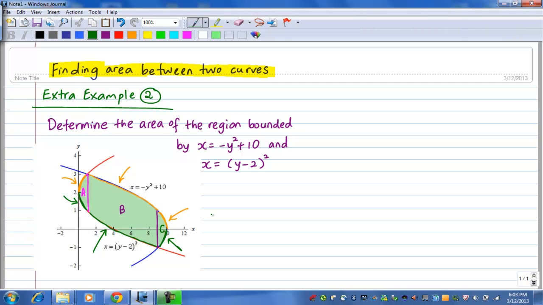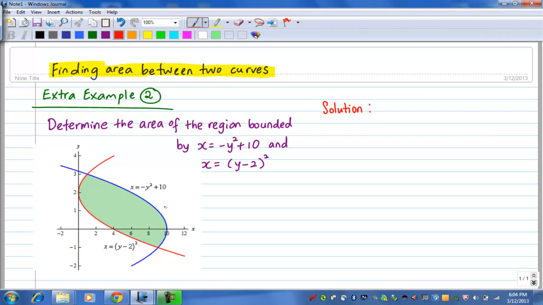To find the area of this region, it is not necessary that we always need to integrate with respect to x. There's an easier approach, which is to integrate with respect to y. Let me explain. To integrate with respect to y, I need to identify where is the rightmost curve and where is the leftmost curve.